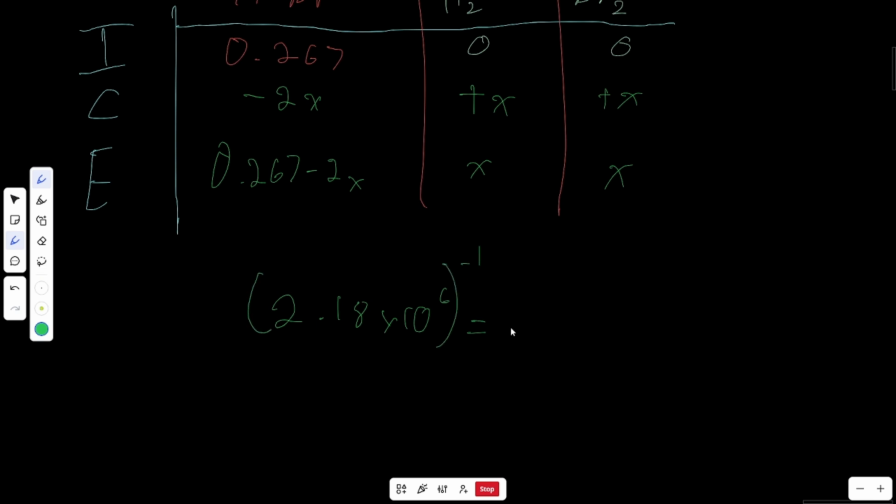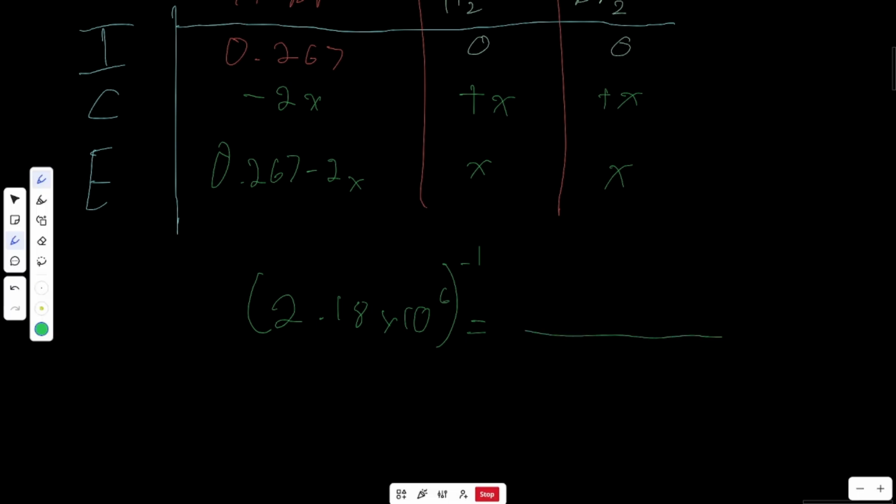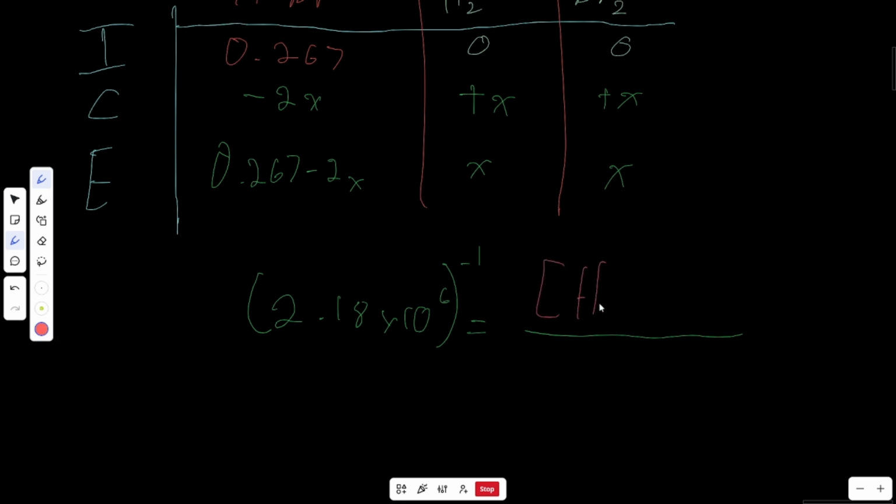We're getting the reciprocal of 2.18 times 10 to the power of 6, because this time our products are the previous reactants. So let's write this in red pen. This is H2 and Br2, and this is HBr to the power of 2.